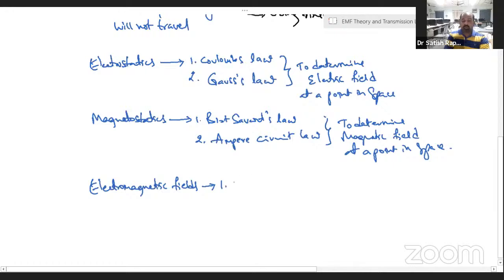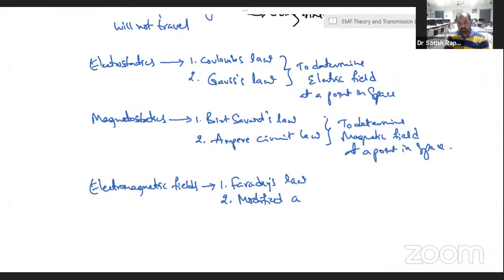Number one is Faraday's law, and the second one is modified Ampere's circuital law.